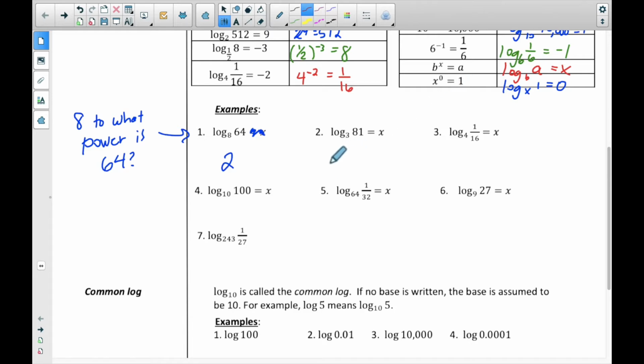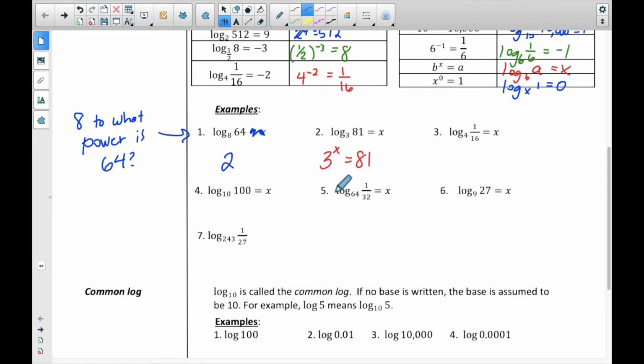So this is like saying 3 to what power is 81? Now, you're going to have to know your powers a little bit or be willing to do some guess and check on your calculator. For instance, on your calculator, you could type in what's 3 to the second. Well, you probably already know what 3 to the second is.